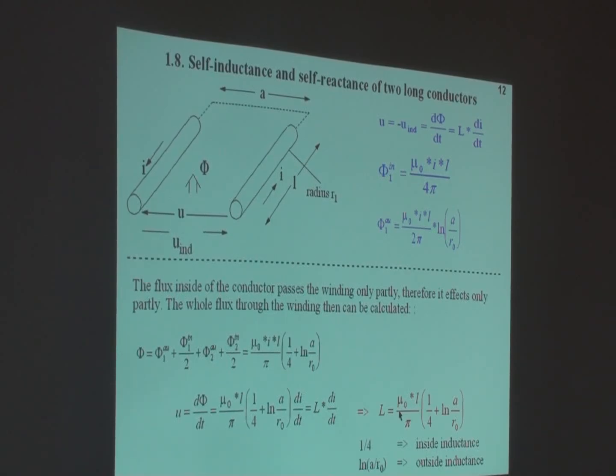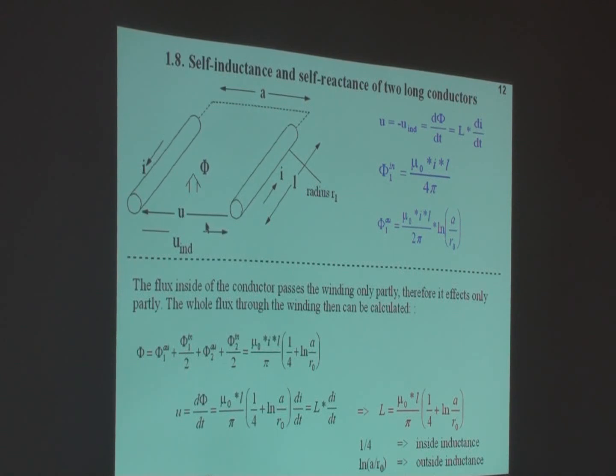And this is what this formula says. We have two reactances. This comes because the magnetic flux is inside the conductor. So we have an inner inductivity, and this is the outside inductivity.